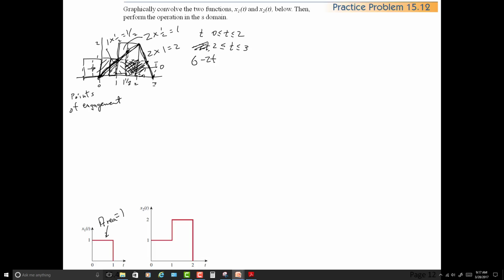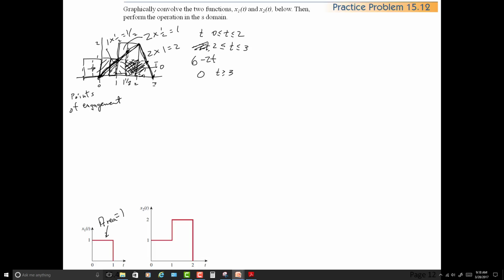So this must be 6, apparently, for that arrangement. And then the function is 0 when t is greater than or equal to 3. Okay, or we could just say otherwise, something like that, because when t is less than 0, it's also 0. Okay, so we have that.